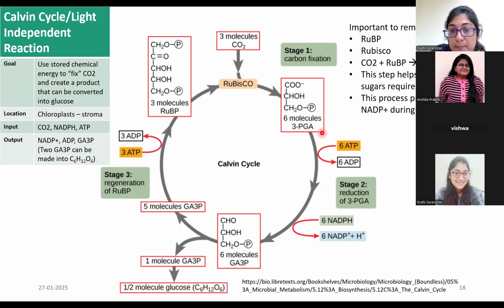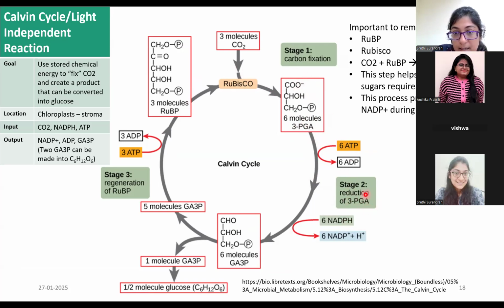Now this 3-PGA formed has a negative sign here. With the help of the ATP that was generated during the light reaction, and NADPH, it will get converted to a reduced form. With ATP, it will get converted to a reduced form of 3-PGA.